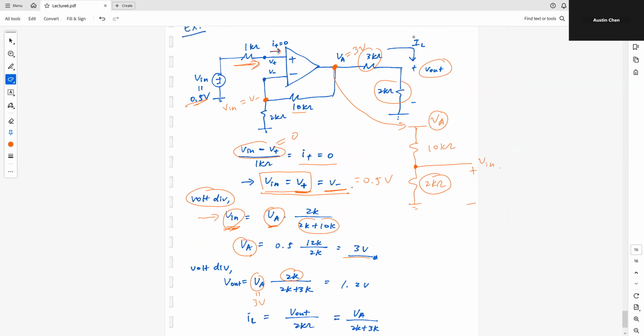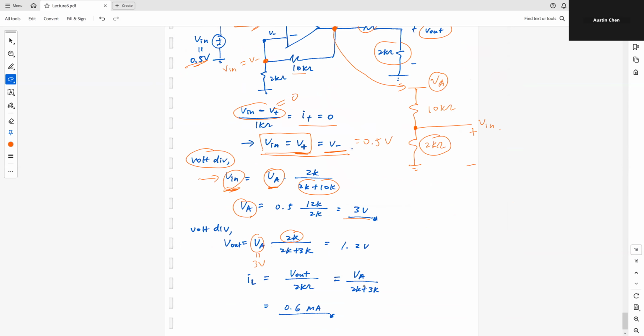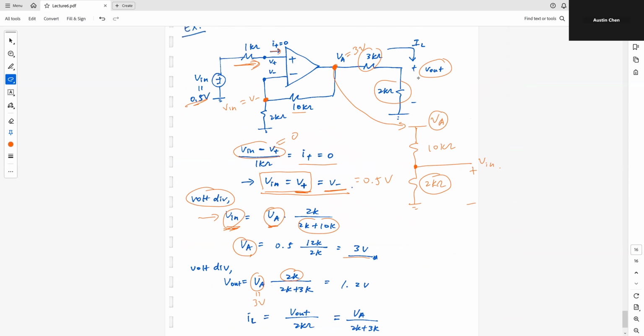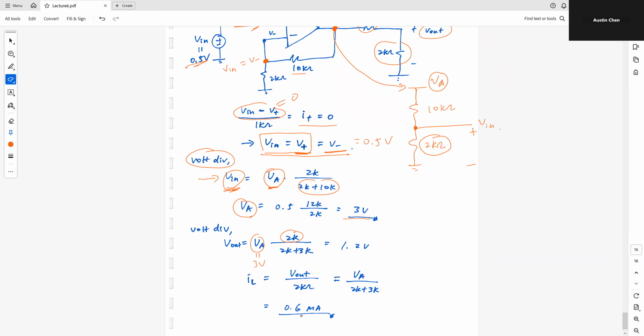IL is this current passing through this 3K ohm and 2K ohm. So I can take VA divided by the sum of these resistors, 3K and 2K, so VA divided by 5K, or I can simply take V out divided by 2K. If I know V out already, voltage divided by the resistor, Ohm's law, I can find my current IL. It turns out to be 0.6 milliamp for IL and 1.2 volt for V out.